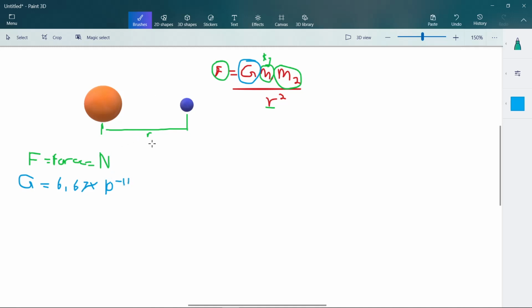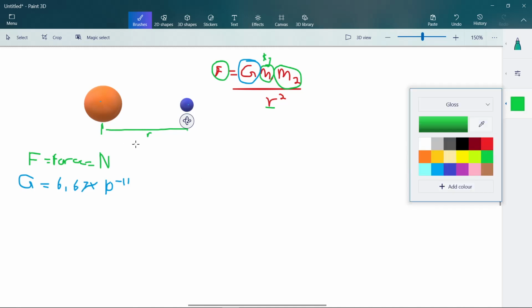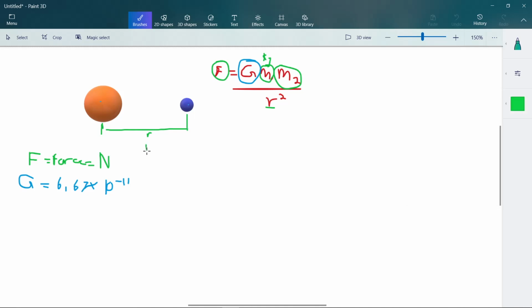So let's say, for instance, the distance between the center of the sun and the center of the earth was 12,000 kilometers. I'm just saying, it's not true, okay? And they are saying calculate the gravitational force between the two. Let's say the sun had a mass of 10 kg, which it does not. You will find the actual mass on the formula sheet. And the earth, let's say it was 4 kg. It's just an example, okay?